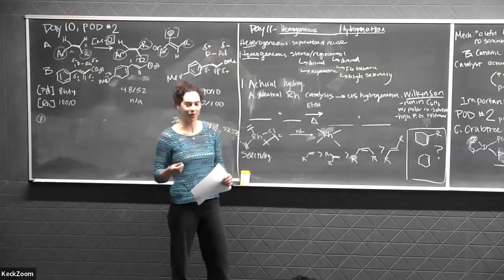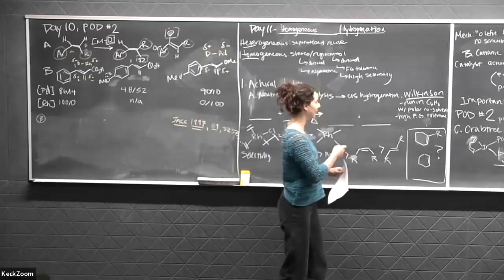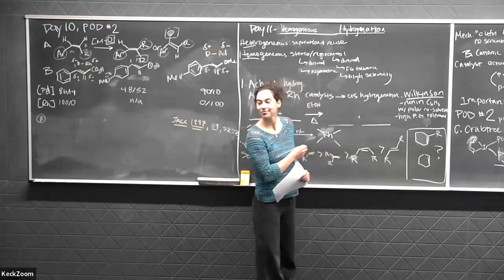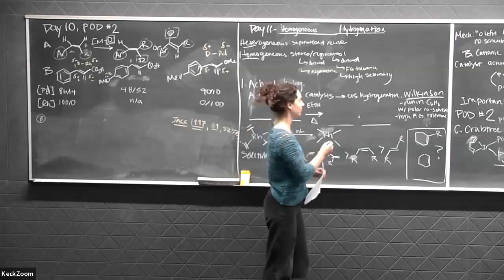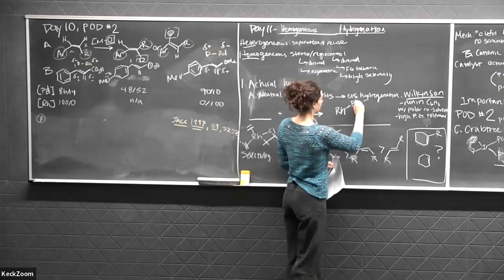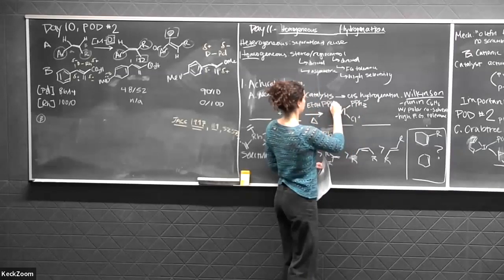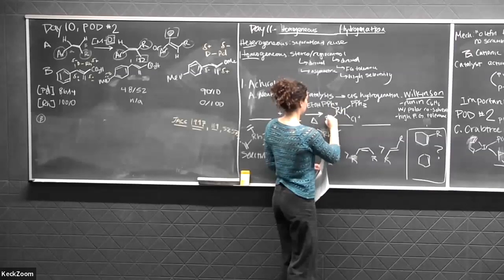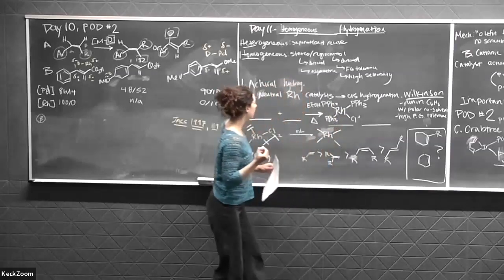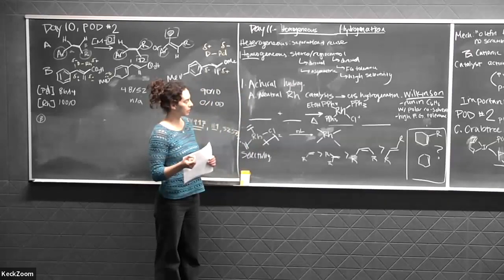Okay, Elon, I am going to call on people. Rhodium 1 tris(triphenylphosphine) chloride. Okay, yes, that is the complex there, rhodium 1.